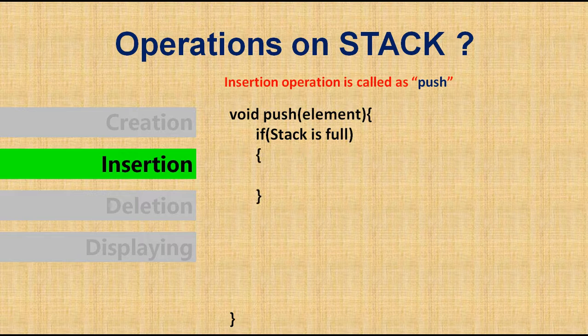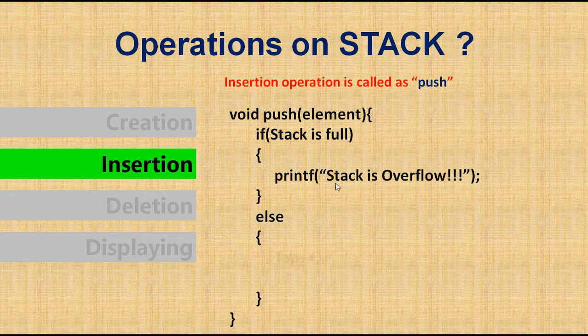If the stack is full, you never insert any element, and you just print the message stack overflow. Otherwise you increment the top position value, and at that position you insert the element which you passed as a parameter.